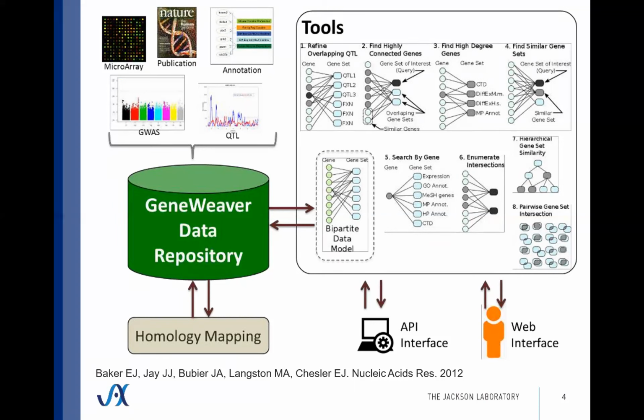Basically, a query of the GeneWeaver database retrieves a set of gene sets and, in prototypical development, sets of gene networks, and aggregates them into a single data structure that can be interrogated to address multiple different problems using a suite of tools that allows users to apply different set operations very flexibly to the aggregate set of data.